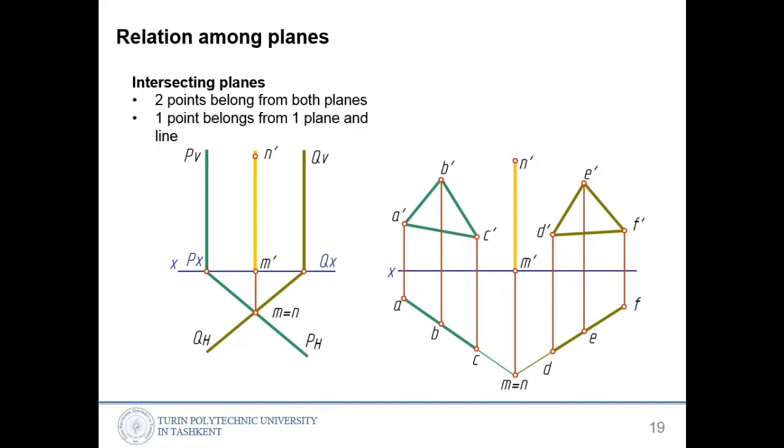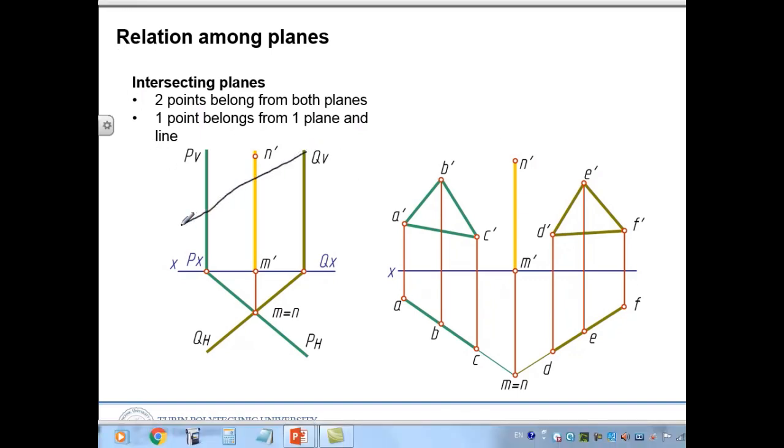Like one plane is the Q plane, a horizontal projection plane, and the P plane is also a horizontal projection plane, and there are points M dash and N dash, two points belonging to both planes, right?